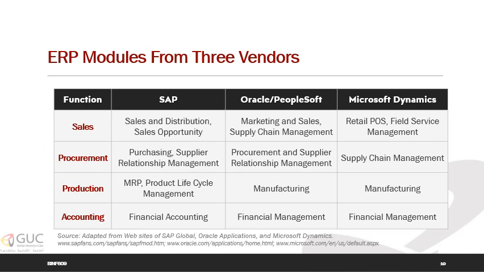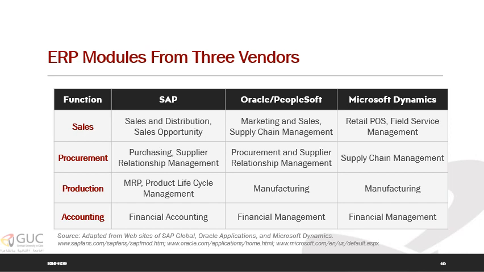ERP vendors including SAP, Oracle, and Microsoft provide modules that support the major functional areas of the business, such as accounting, production, financial management, human resources, and sales. These modules provide the functionality to implement business policy and processes in accounting, production, finance, HR, and so on.